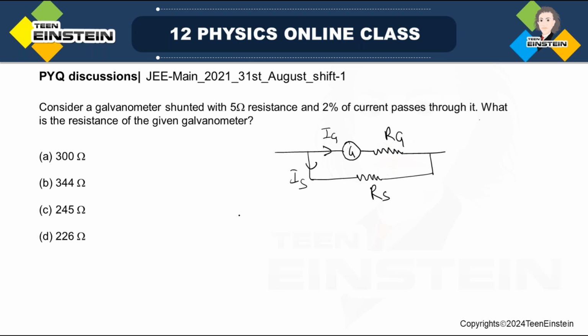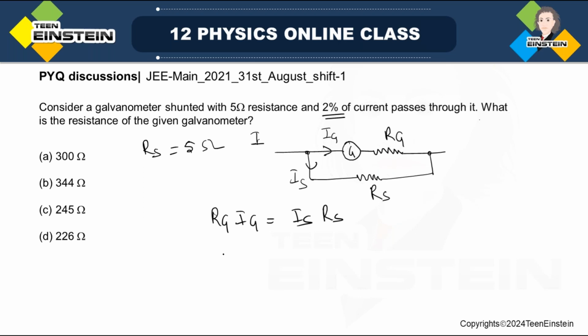So we can write Rg Ig is equal to Is Rs. That means the potential across both of them will be the same. Now let me see what information is given here. Rs is given as 5 ohm. Suppose there is a total current I, 2% of that is passing through the galvanometer.